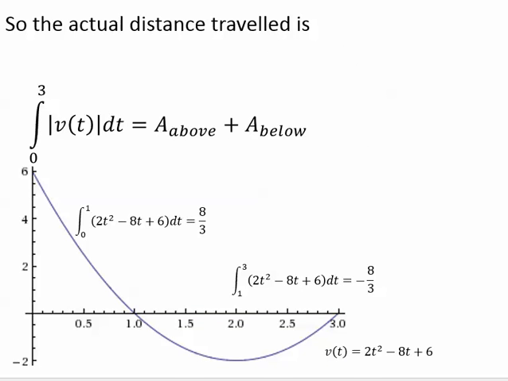So the actual distance traveled, remember, is the region above plus the region below. So we'd have 8/3 plus the absolute value of 8/3, a total of 16/3. So displacement is 0, but distance traveled is 16/3.